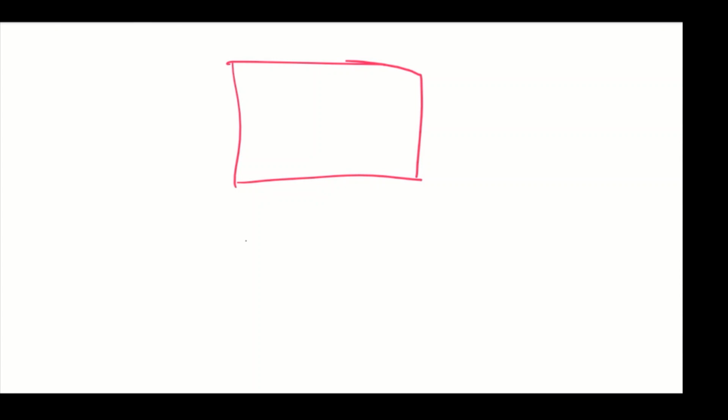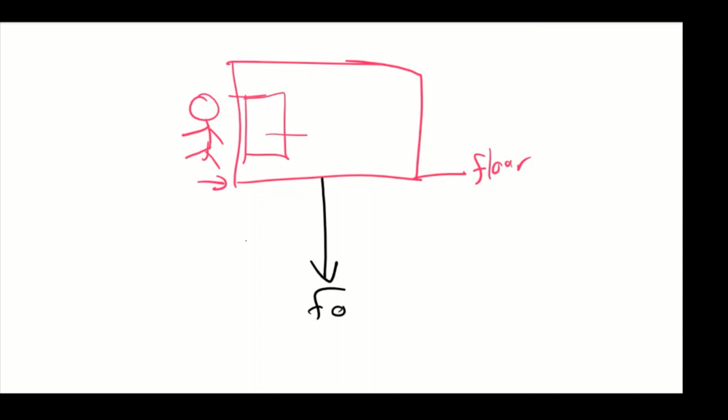And if we just consider the floor of the lift, if this is you entering the lift, you're going to enter here, and this would be the floor. So there'll be a force of gravity acting on this lift, and then because there are tension ropes attached to this lift, moving it vertically upwards or downwards, let's just consider the tension to be here.